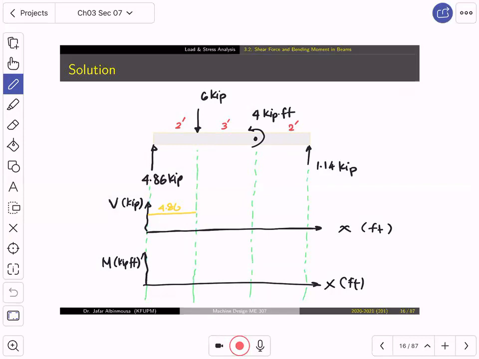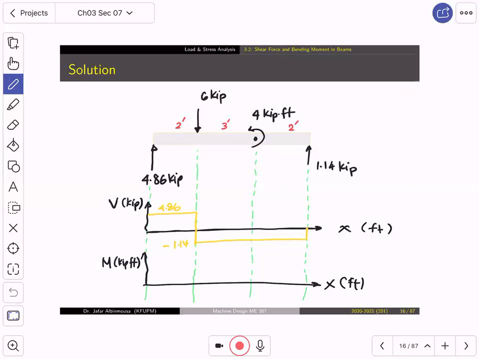And then, all of a sudden, I go -6. Correct? Yes. So when I go -6, I will reach exactly -1.14. And this -1.14 continues to the end and then reaches 0.